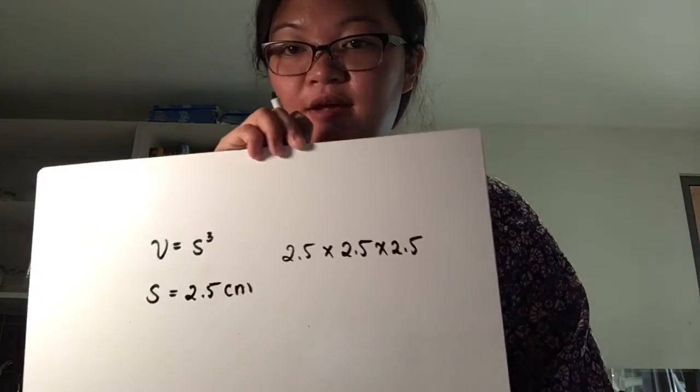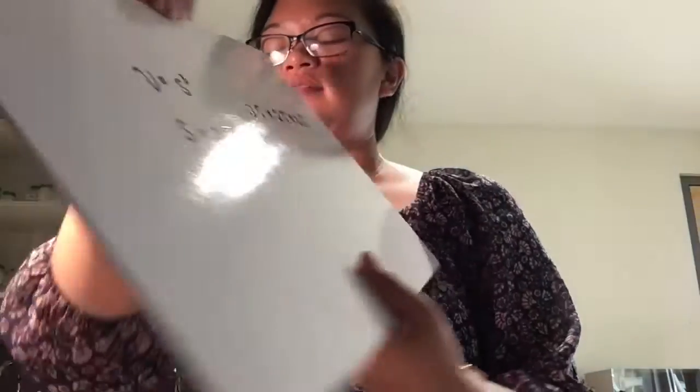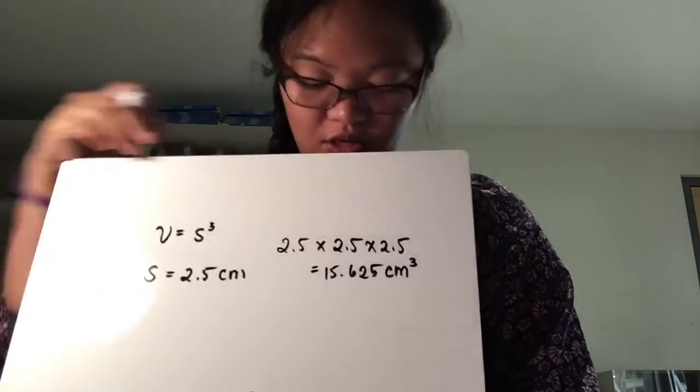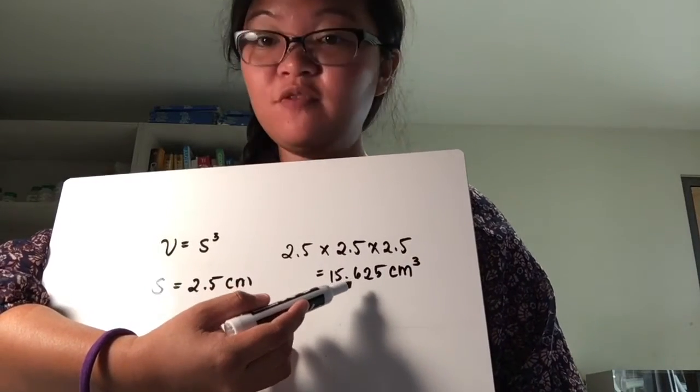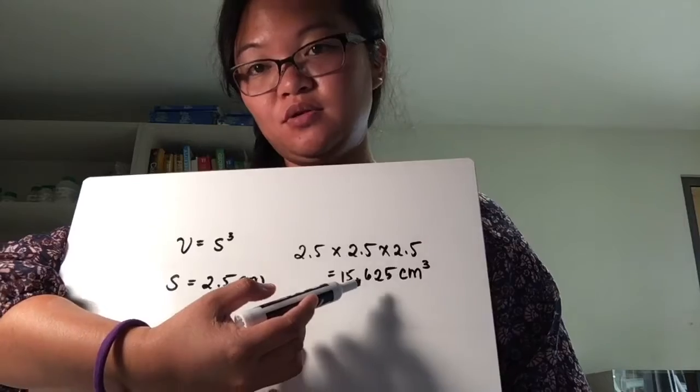You put it on your calculator or do it manually: 2.5 times 2.5 times 2.5. If I'm not mistaken, it's going to be 15.625 centimeters cubed. That's your unit of measurement. So the volume for each of your objects, all 5, will be the same: 15.625 centimeters cubed.